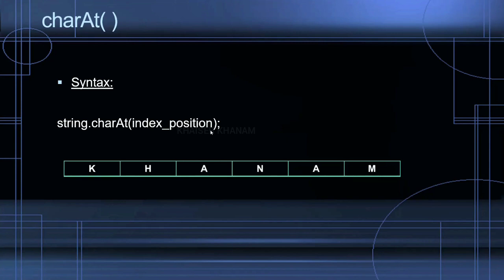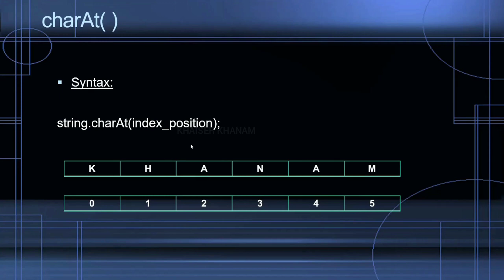Now, how we have seen we accessed the strings, in square brackets we just gave the index position. But here inside these brackets we will be giving the index position. Now you can see accessing and charAt give the same result. When I access using index position, I will be getting the same result. When I access using the charAt method, then also I will be getting the same result.